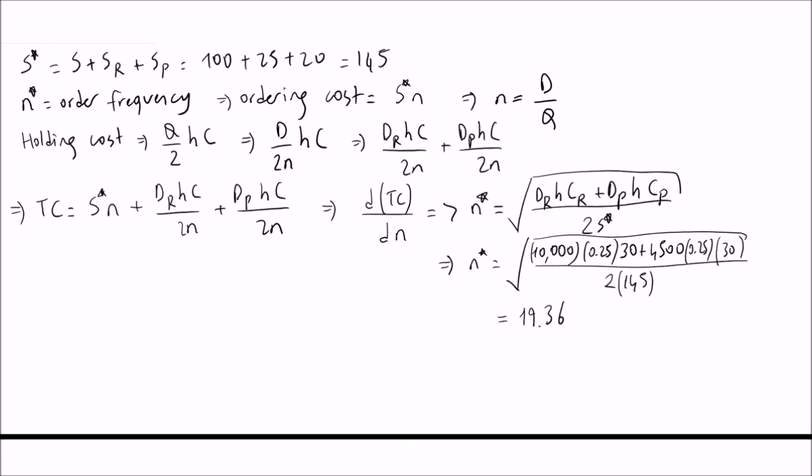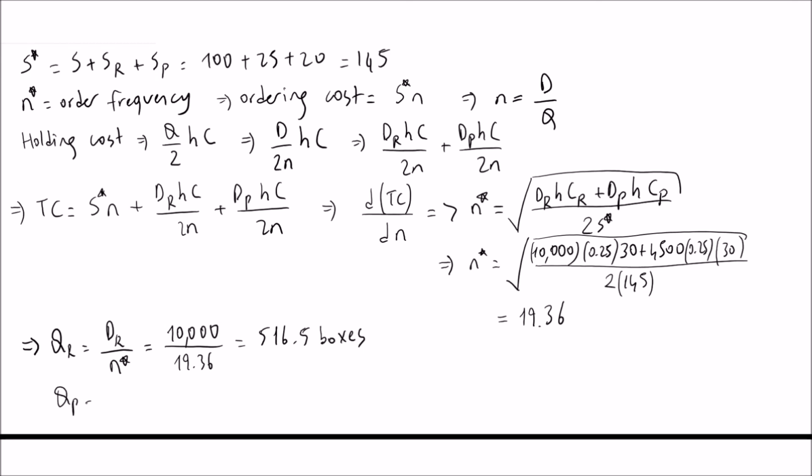So using this value, we could compute the order size for each item. So the formula is, say QR is the order size for regular coffee, and that is found by demand for regular coffee divided by N star. And demand is 10,000 for regular coffee, and N is 19.36, and this value is equal to 516.5 boxes.